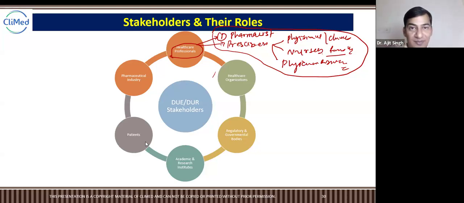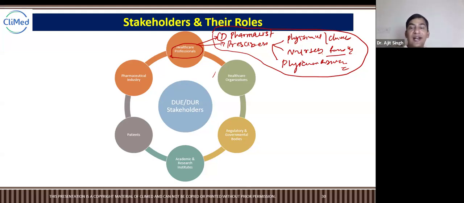They can't prescribe the medication, and that is the reason. And pharmacists have the exclusive right to do the drug utilization review, I mean drug utilization evaluation or drug utilization review. They have the exclusive right.